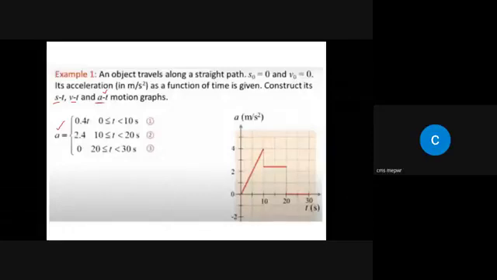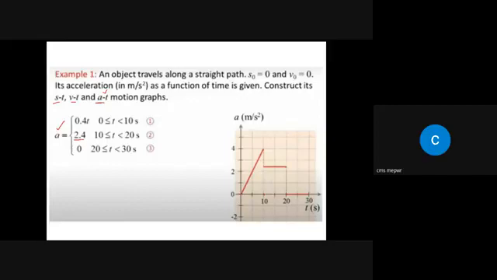For the second time interval, from 10 to 20 seconds, the acceleration will remain constant at 2.4, right? If you look here, the value is 2.4 and it will remain as it is till 20 seconds.